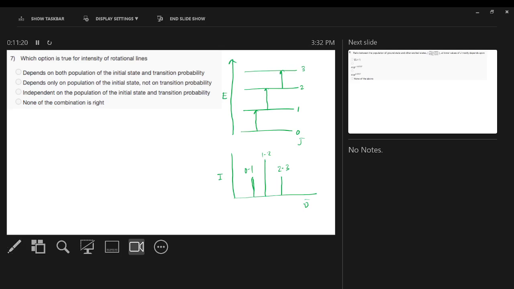We will not get this kind of sharp line, we will get a broader spectrum, and the reason for the broadness we have already explained in lecture 2. For convenience I am writing straight lines, but we will not get straight lines in the actual scenario. Anyway, these lines in the rotational spectra are called rotational lines.